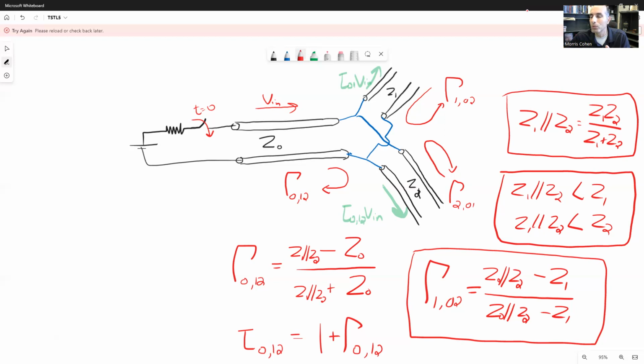If Z1 and Z2 are different, the currents on them will be different, because tau 0,1 times Vn represents the voltage that's injected into line Z1, but the current injected is that voltage divided by Z1. The same for line 2: take that voltage and divide it by Z2, and that's the current injected into it.